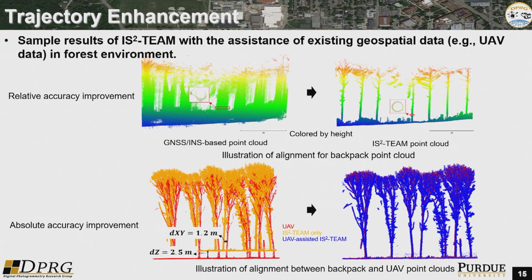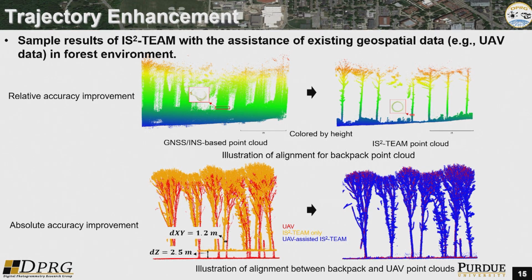So just to give you an example, what you see in the upper left is the data from the backpack LiDAR if you have problems with the trajectory. You see this ghosting. If you use SLAM or a SLAM-like technique, you will get what you have in the top right. In a relative sense, the data looks very nice. You can see the 3 trunks are well defined.